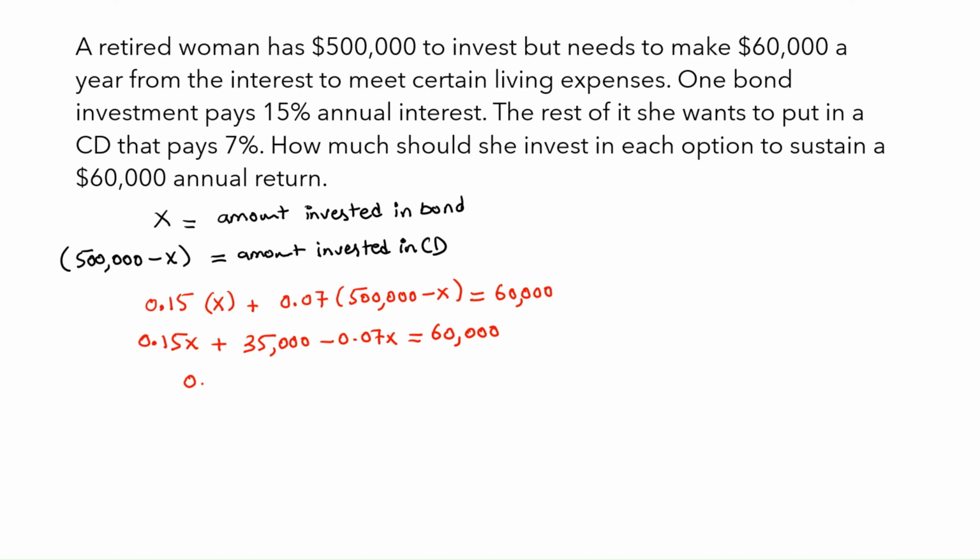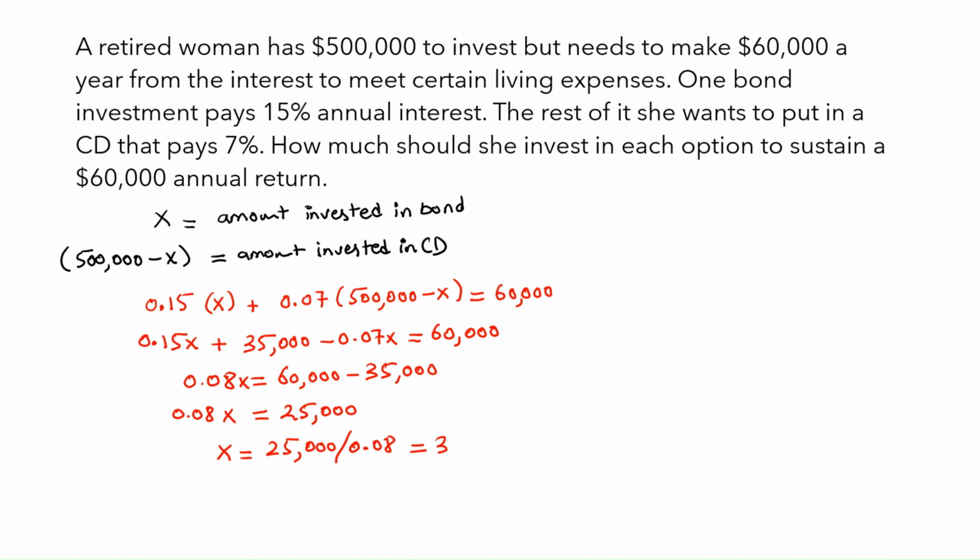This will become 0.08x equals 60,000 minus 35,000, that is equal to 25,000. So 0.08x, and our value of x will become 25,000 divided by 0.08, and that is coming around 312,500.